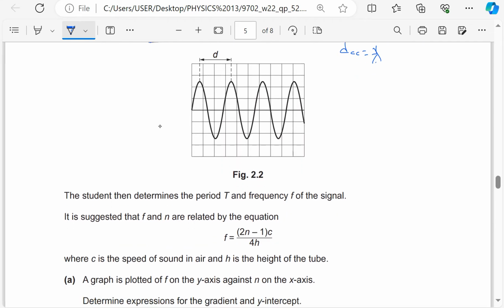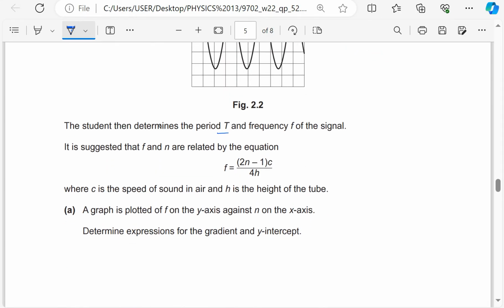The student then determines the period T and the frequency f of the signal. It is suggested that f and n are related by the equation, where c is the speed of sound in air and h is the height of the tube. A graph is plotted of f against n.